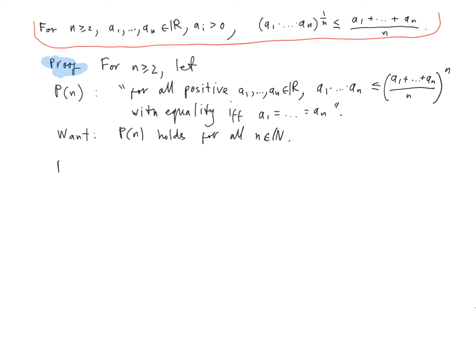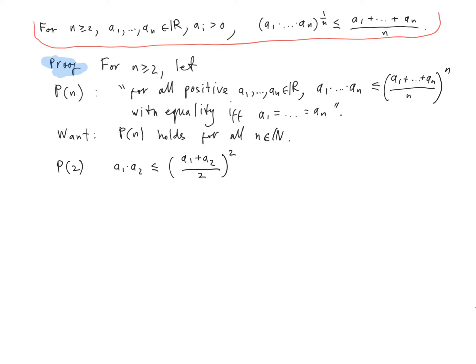Let's first look at the simple case P2. In this case, our inequality is simply the inequality a1 times a2 is less or equal than a1 plus a2 divided by 2 squared. So we just substitute n equals 2 in the corresponding inequality. Let's rearrange this inequality in an equivalent way.